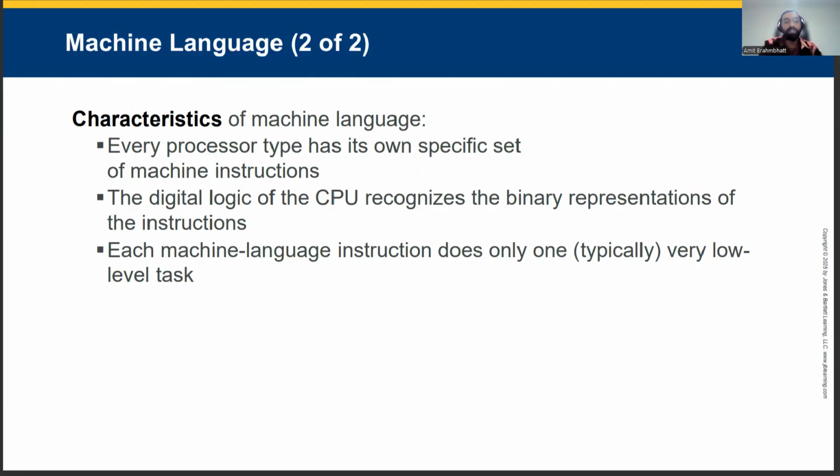Each machine language instruction performs a very small, low-level task, often involving only one simple operation. This simplicity makes machine language powerful but extremely tedious to work with. These limitations are exactly what motivated the development of assembly languages and later high-level languages.